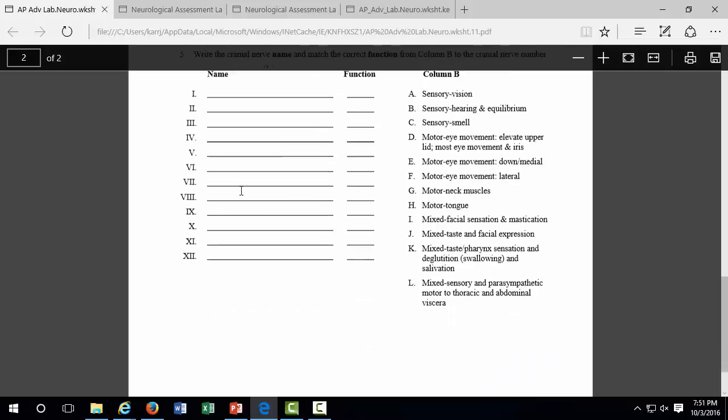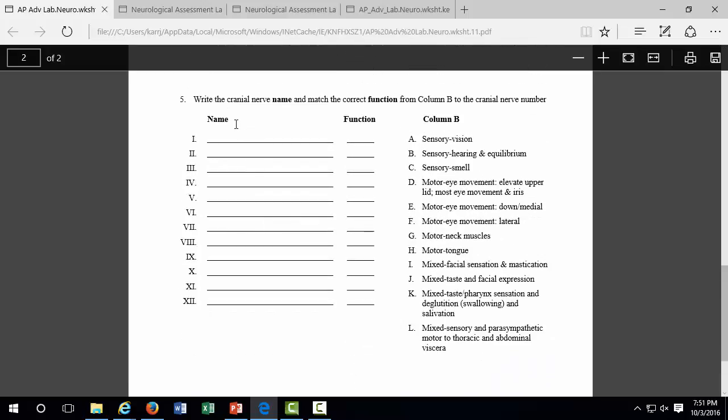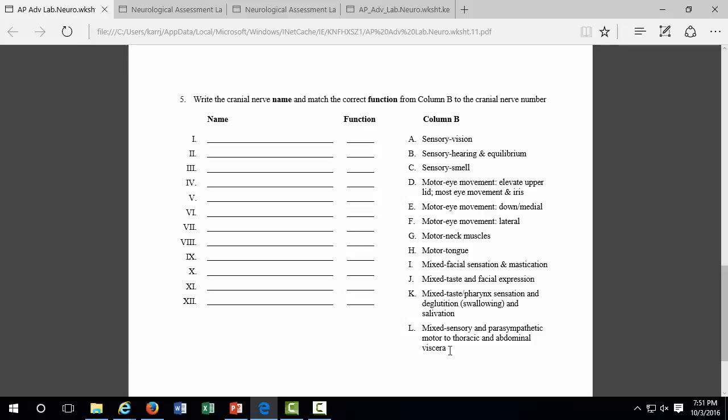And the rest of the worksheet is just matching up the different cranial nerves with their function or their type. You know, the type of fiber, motor. Again, you can just look in the chart. We're not going to go through that. I think that'd be a good review for you to really get up close and personal with those cranial nerves.